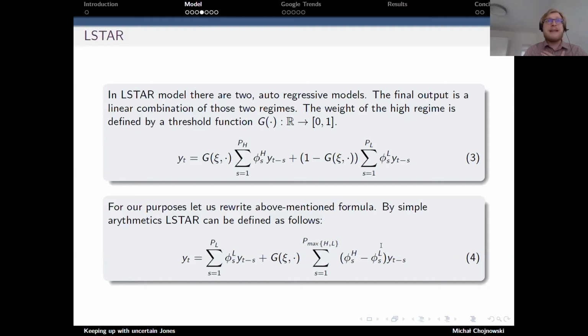Additionally, each of the people follows a different autoregressive model, which can be interpreted as a different perception of the past.